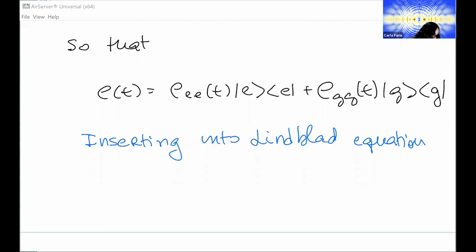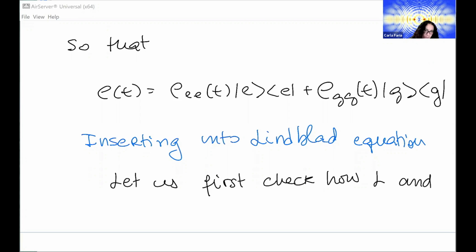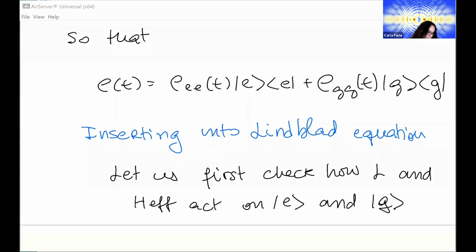Okay, so let's first check how L and the effective Hamiltonian act on the excited state and on the ground state. Fair enough. Let's have a look.